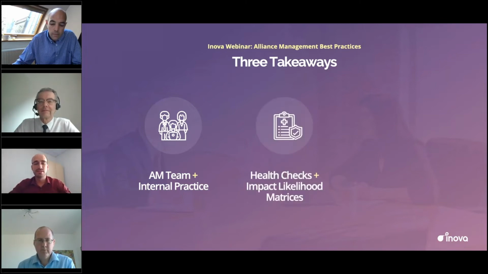The second point that I've noticed is that both of you had a strong focus on assessing the strength of the alliance relationship. So by performing health checks, for example, but also tracking issues. And both of these help to proactively identify risk before they impact the alliance.